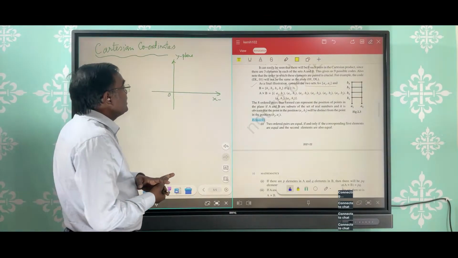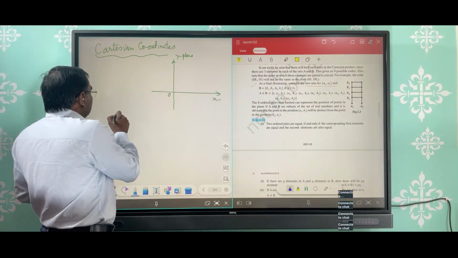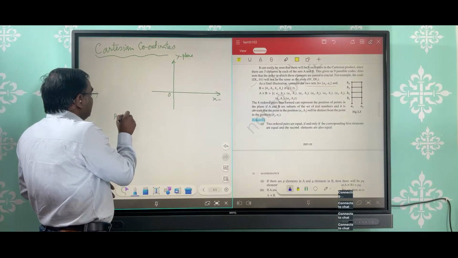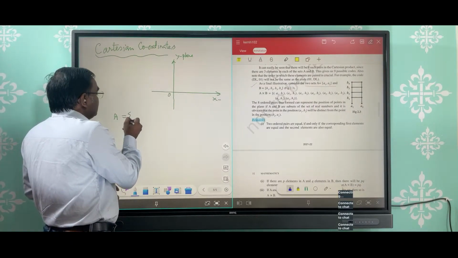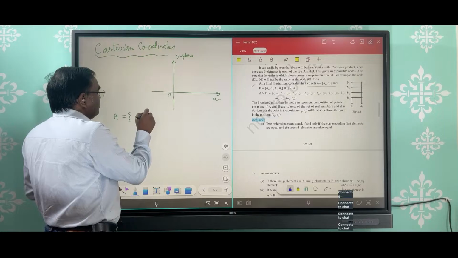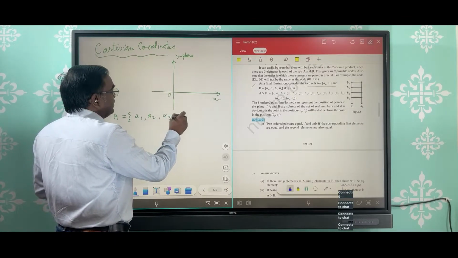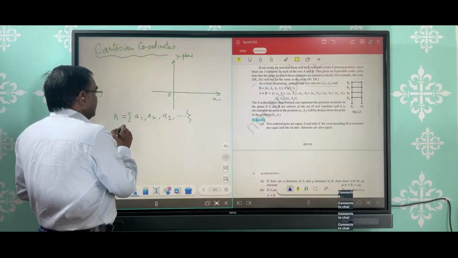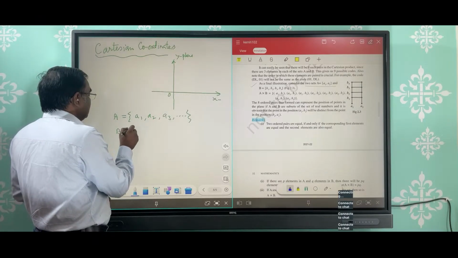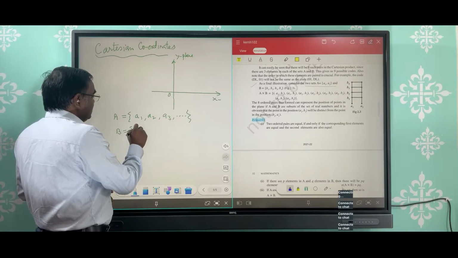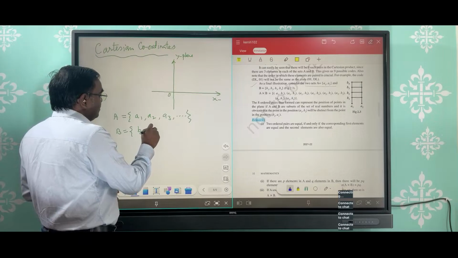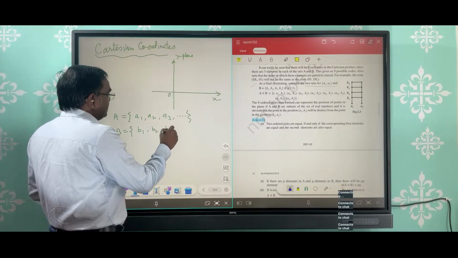Suppose you take a set A containing the elements A1, A2, A3, and so on, and a set B containing the elements B1, B2, B3, and so on.